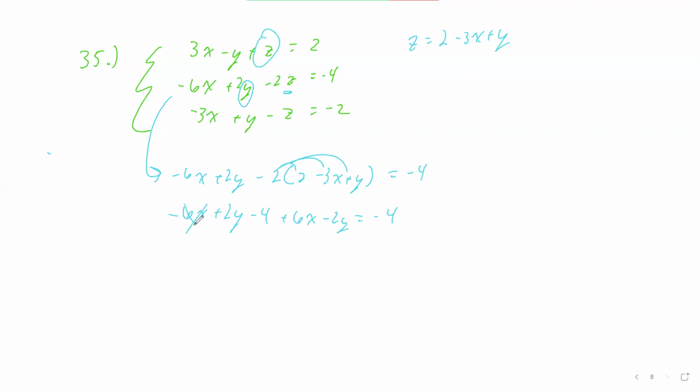Combine like terms, the x's, man, everything just goes away. I think it's going to happen no matter which way I go. So in this situation, I just need to solve for one variable. I decided to solve for z, so I don't even have to worry about doing all of this. Actually, I'll tell you what. Keep that there just so you know.